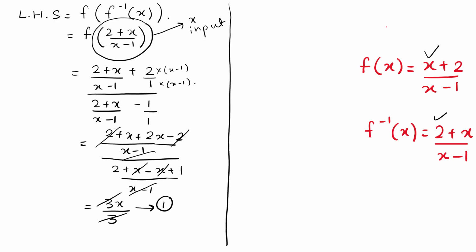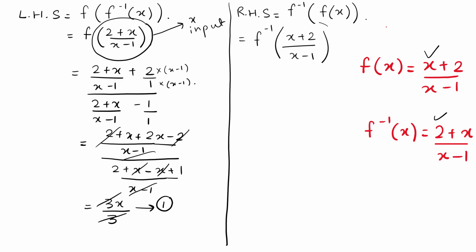Now consider right hand side, which is f inverse of f of x. We write this f inverse as it is and substitute value of f function, which is x plus 2 over x minus 1. Again, it becomes the input or x value for f inverse function.